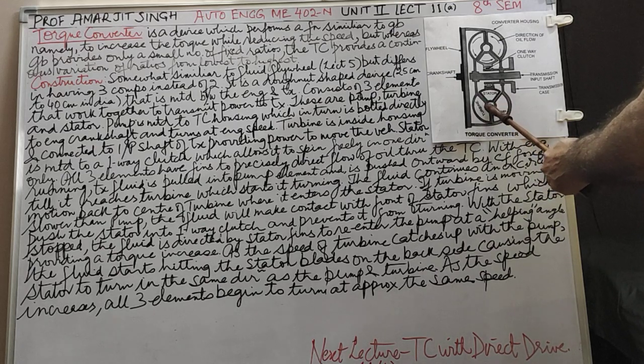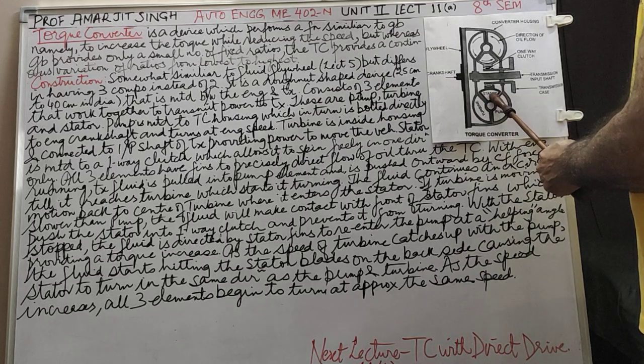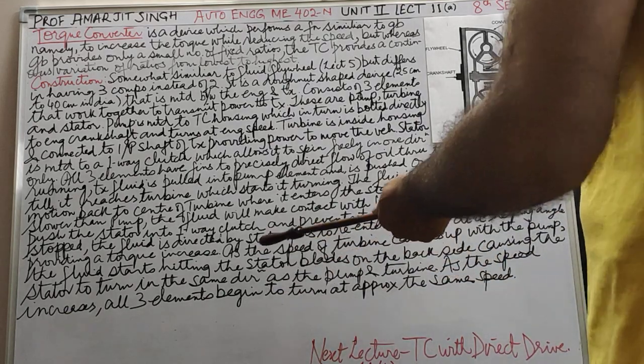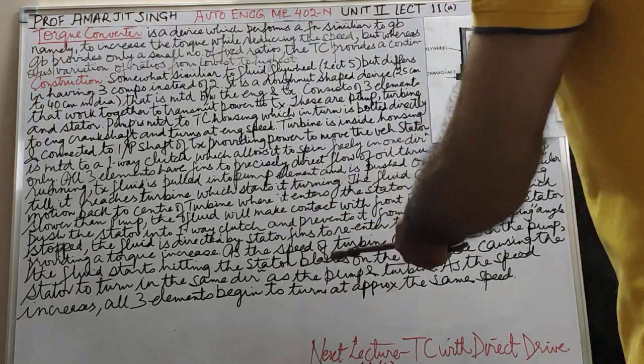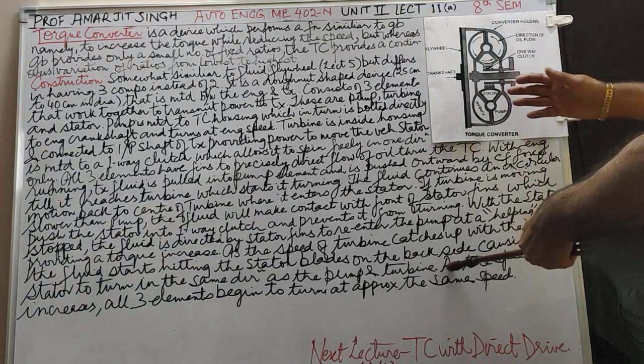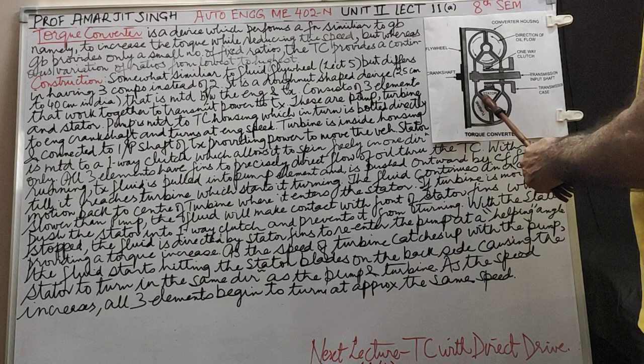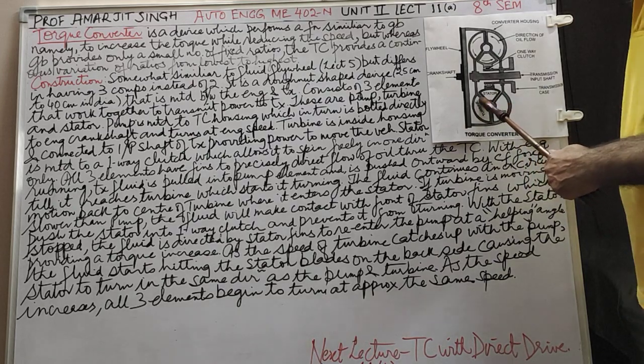As the speed increases, the back plates of the stator start turning in the same direction as the pump and turbine, and gradually, as the speed increases, all three attain the same speed.